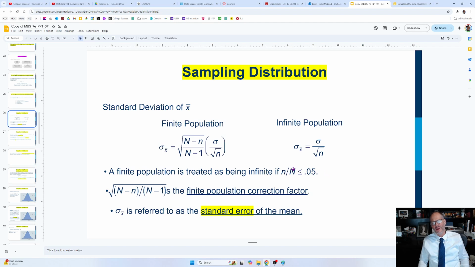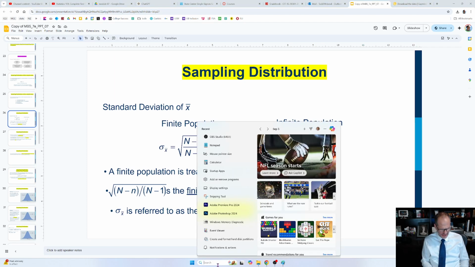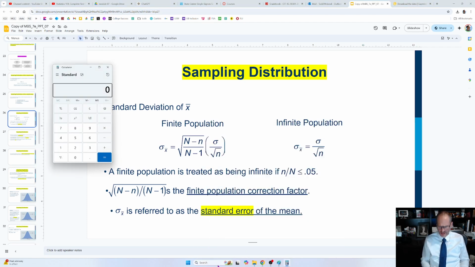So let's say we have 1,000 people in our population, and we survey 30 of them. 30 divided by 1,000 is equal to 0.03. That's smaller than 0.05. My sample size is the small n, 30, out of my population of 1,000, and so we have 0.03, which is less than 0.05.